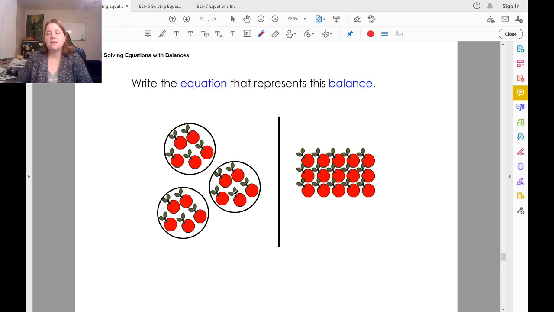They want you to write the equation in this balance. This says 3 groups of 5. 3 times 5 equals 15.